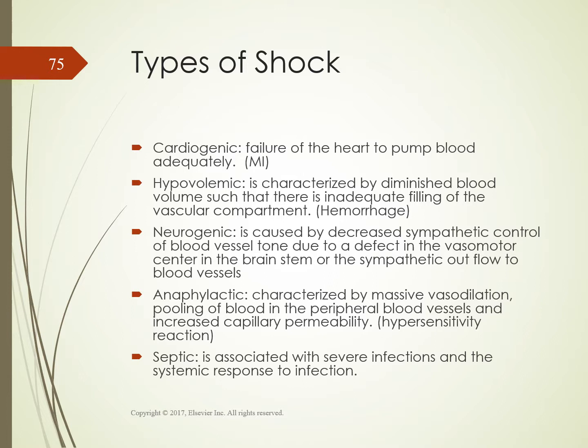Anaphylactic is characterized by massive vasodilation, pooling of blood in the peripheral blood vessels, and increased capillary permeability. This is usually due to a hypersensitivity reaction. Septic is associated with severe infections and systemic response to infections such as bacteremia.